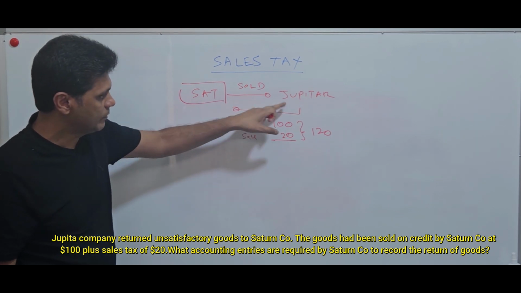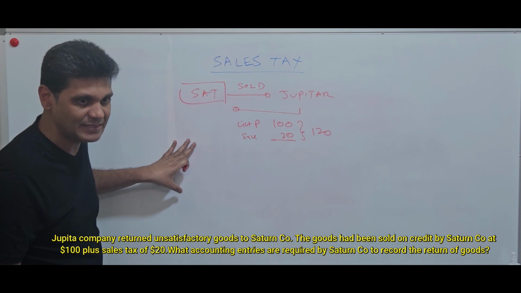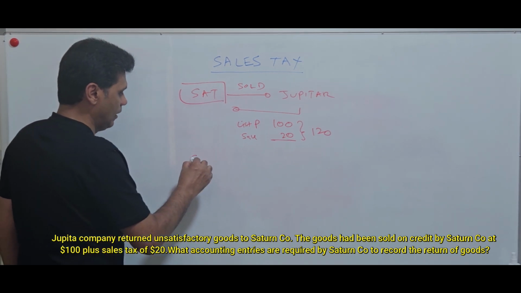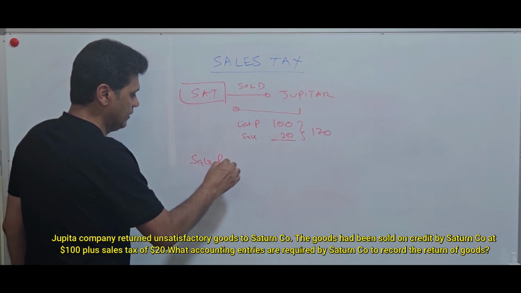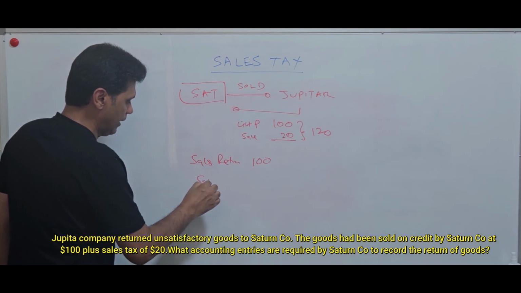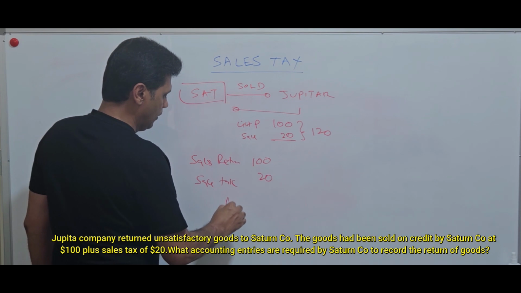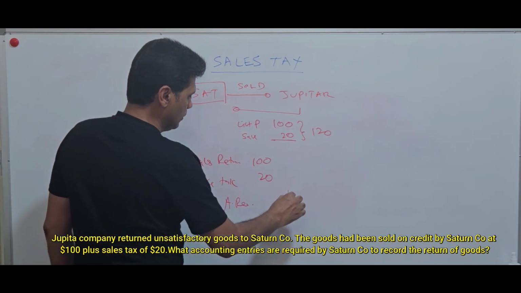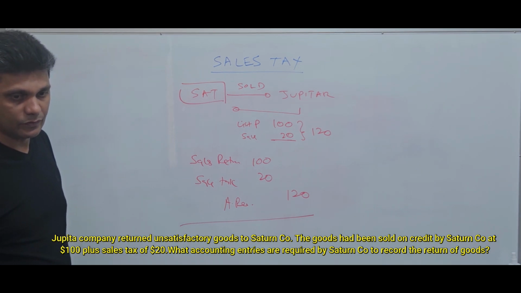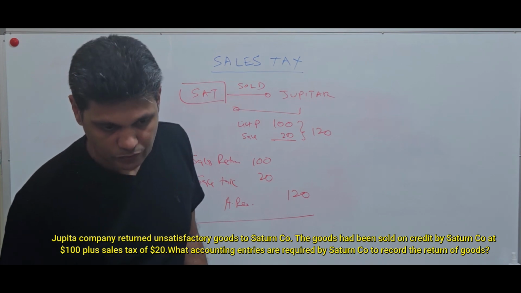Now the customer is returning, so you need to record a sales return. How do you record that? Sales return, debit 100; sales tax, debit 20; accounts receivable, credit 120. Is that clear? Okay, so what else? That's it.